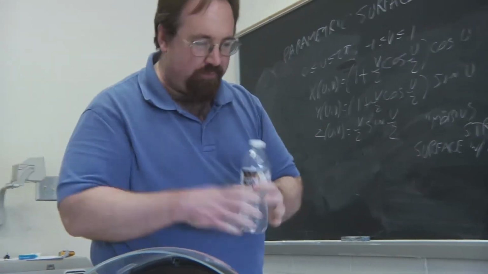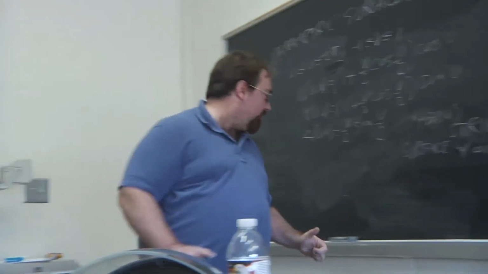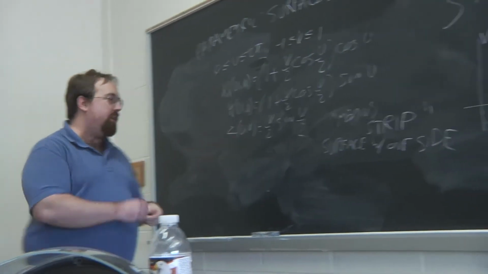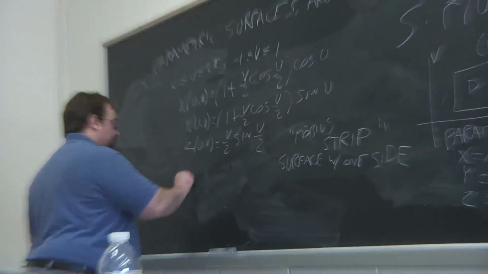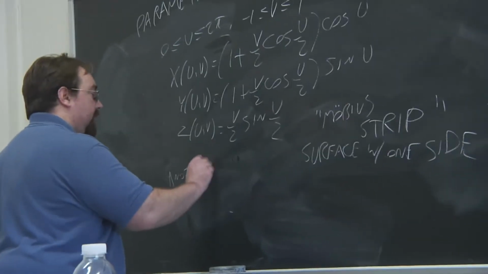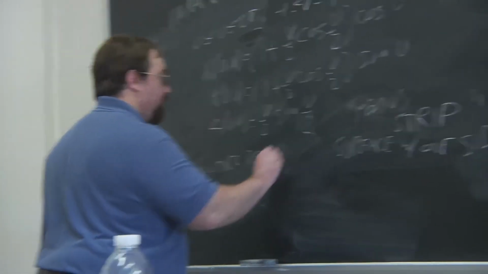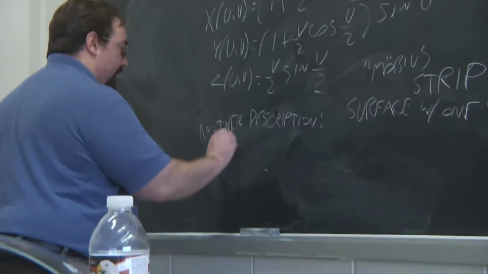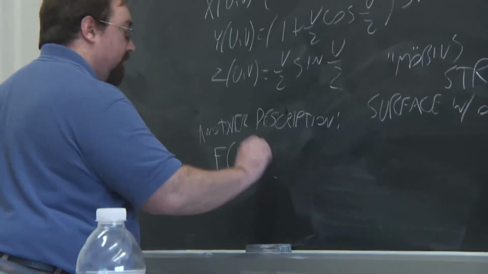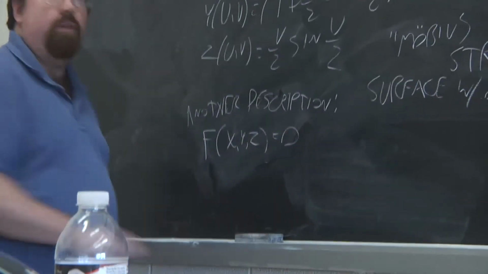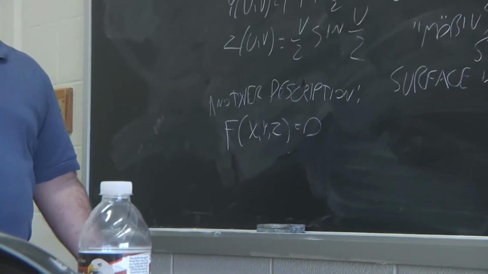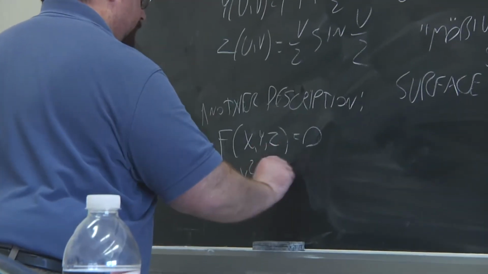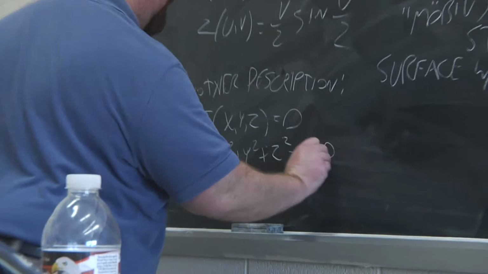All right. So what's interesting is this is one way to describe a surface using parametric equations. Another way to describe surfaces is this way: a function f of x, y, z is equal to 0. So for instance, you want to describe the unit sphere: x squared plus y squared plus z squared minus 1 is equal to 0.